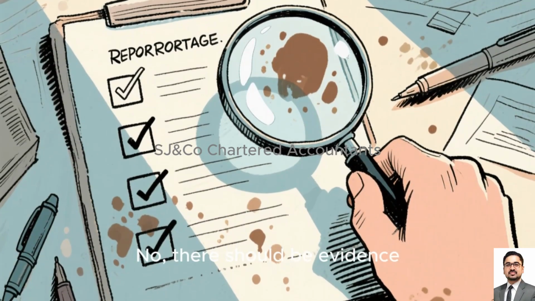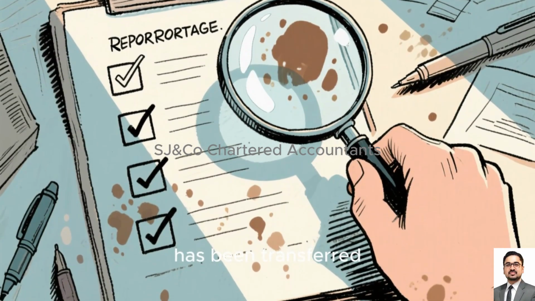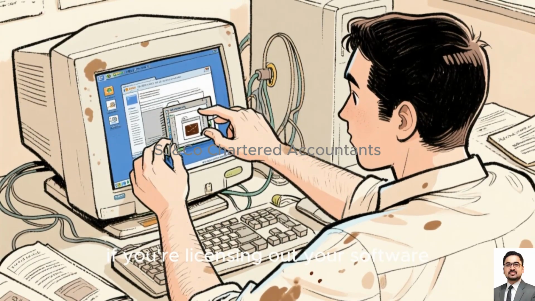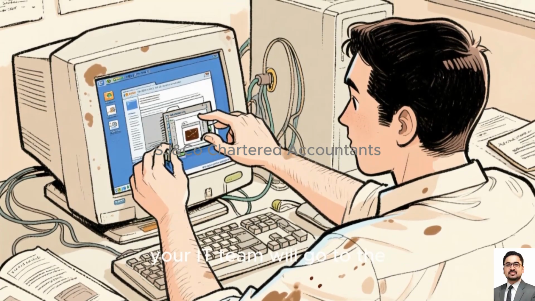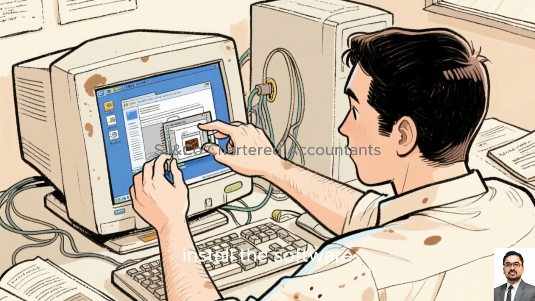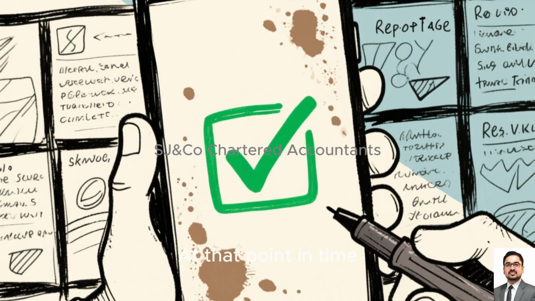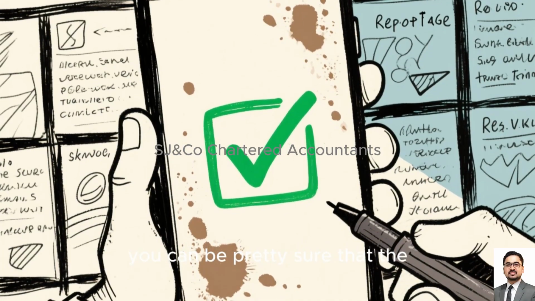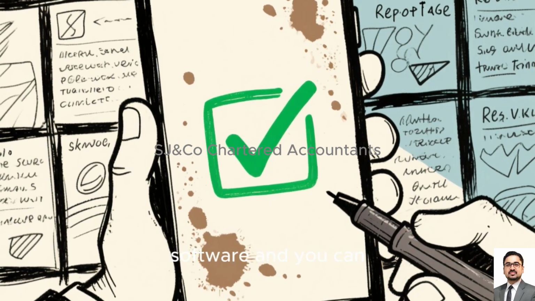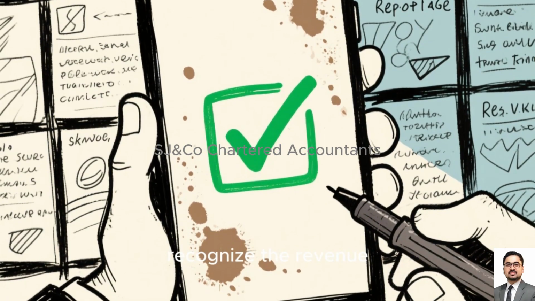No, there should be evidence that the control has been transferred. For example, if you're licensing out your software, your IT team will go to the customer's site and install the software. At that point in time, you can be pretty sure that the customer has the control over the software and you can recognize the revenue.